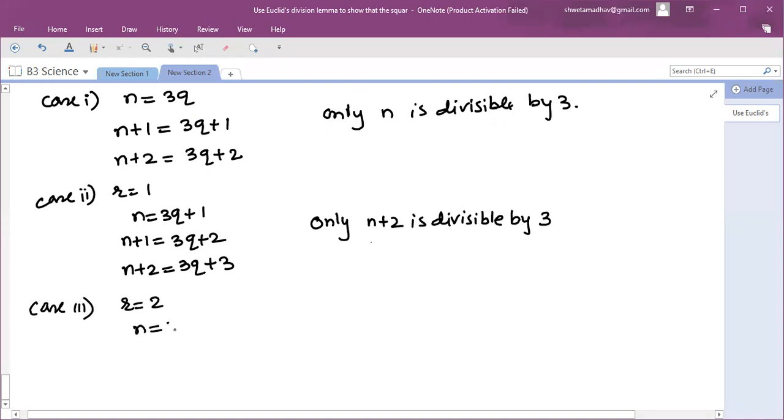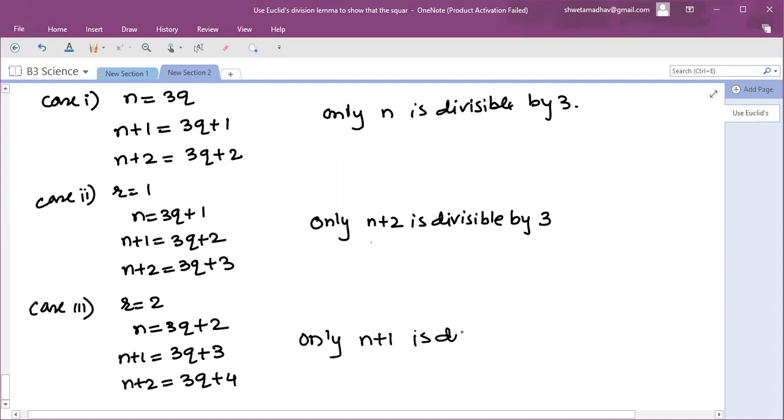Case 3, n is equal to 3q plus 2. n plus 1 is equal to 3q plus 3. And n plus 2 is equal to 3q plus 4. So out of these three, which number is divisible by 3? Only n plus 1 is divisible by 3.